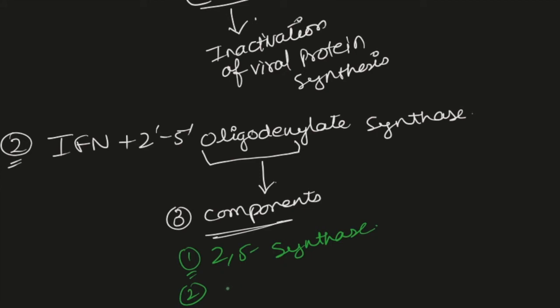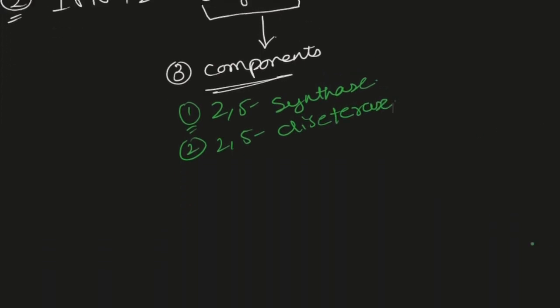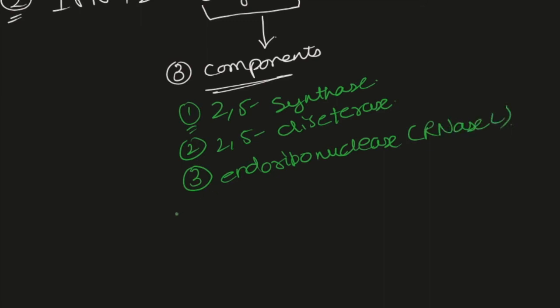second, 2',5' diesterase, and the third one, endoribonuclease, that is RNase L. So the pathway works in a very simple manner.